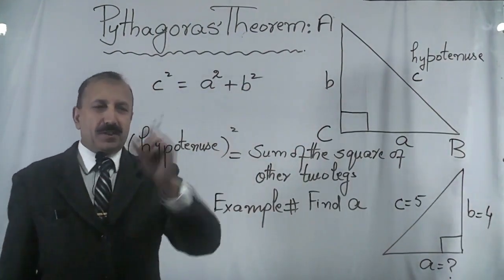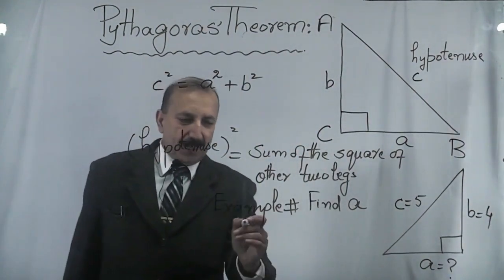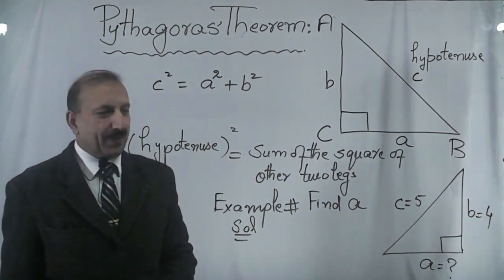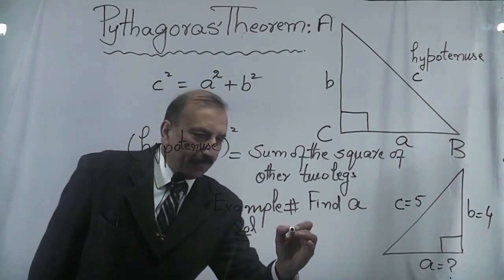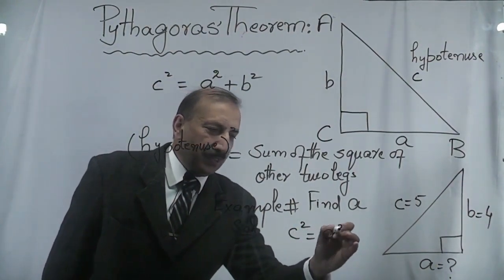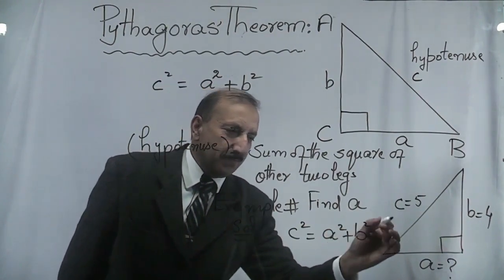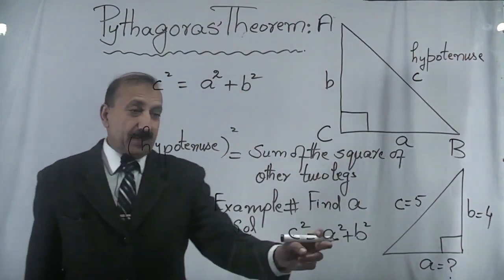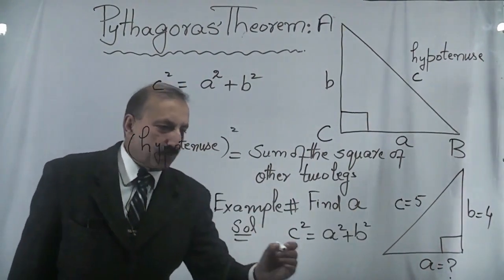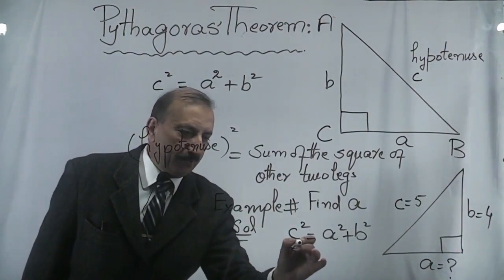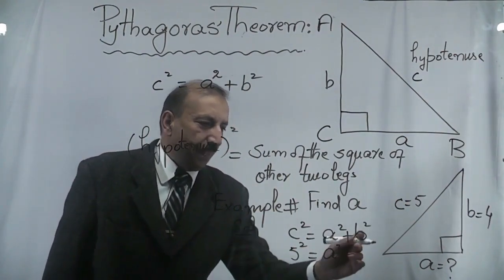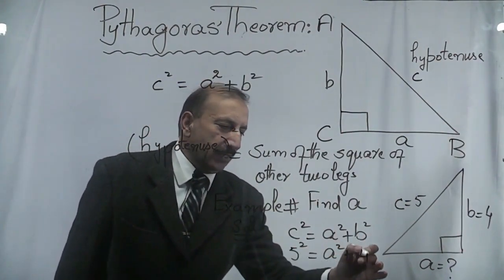So according to this relation, we will write it here and solve for the value of A. So we will write C squared equals A squared plus B squared. We will substitute these two values. In place of C, the value of 5 squared equals A squared plus the value of B, which is 4 squared.